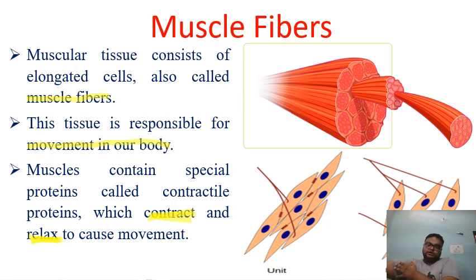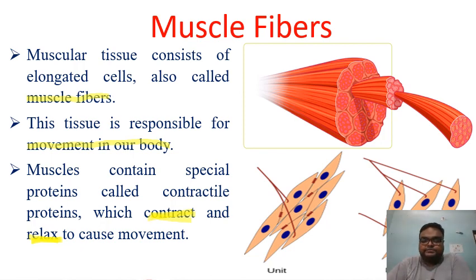If I want to move this arm towards you, the biceps is getting relaxed and the triceps is getting contracted. But if I want to pull it towards myself, the biceps is getting contracted and the triceps is getting relaxed. Now you understand what is contraction and relaxation, students?